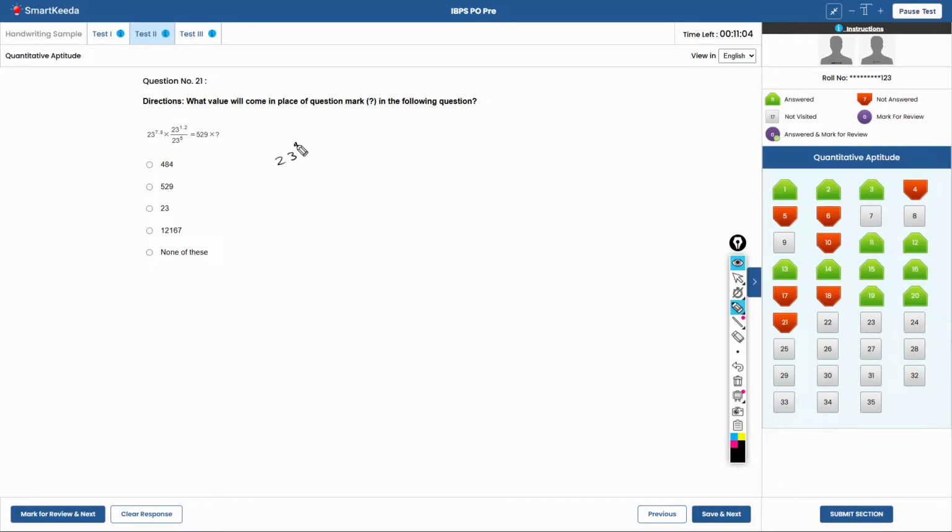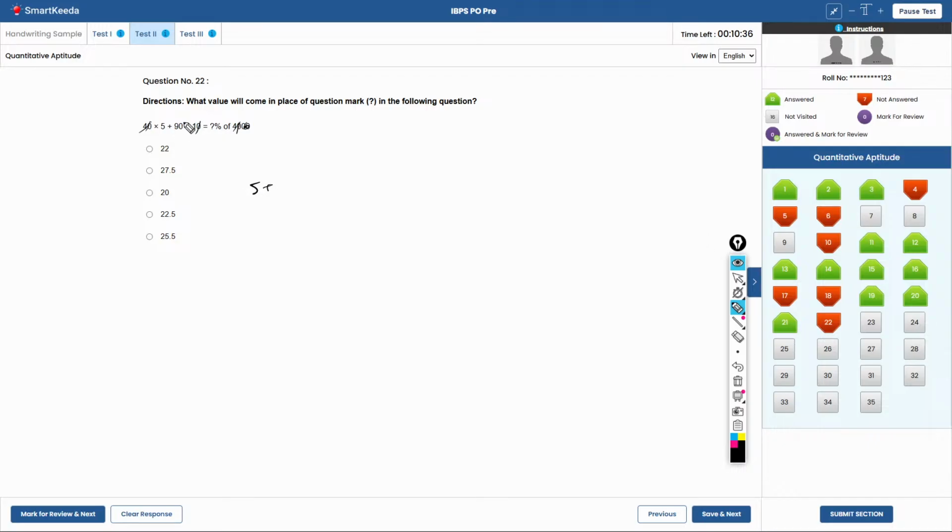So 23 to the power 4. So 23 square. So this, so 40x. So it's going to be 40, right? 40, 40.